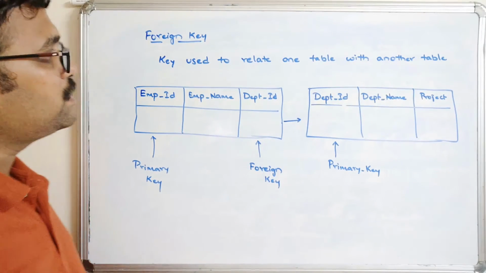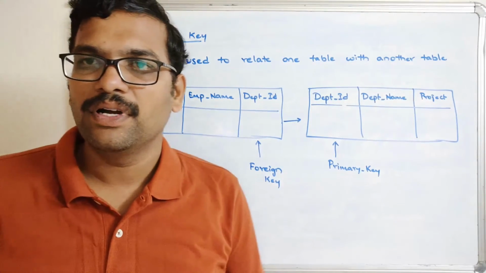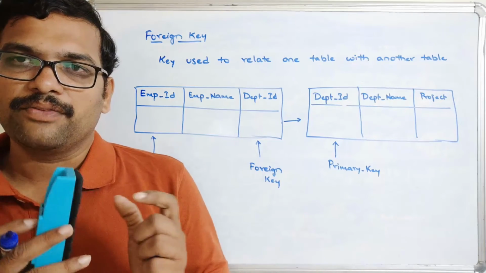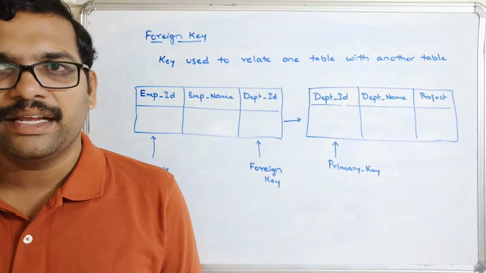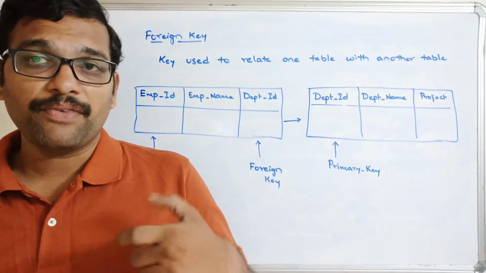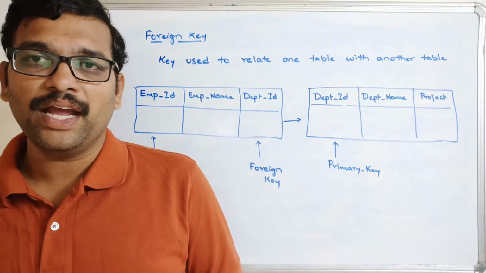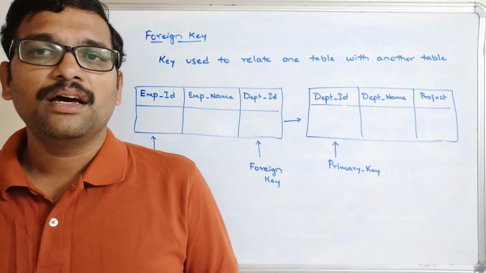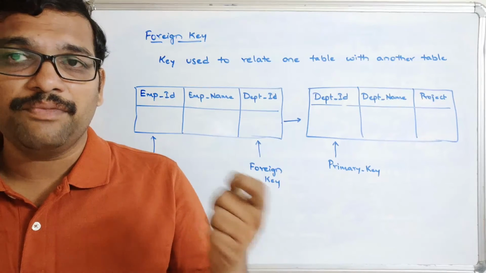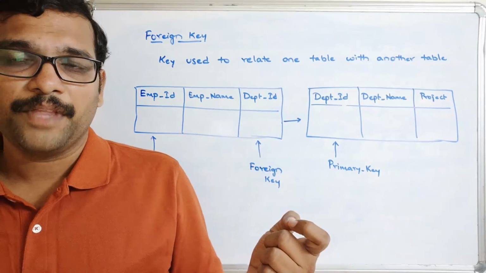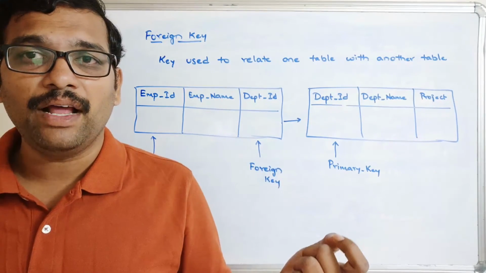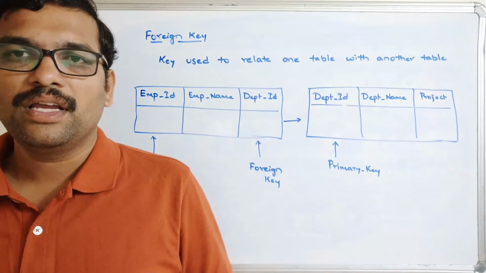So these are all the different types of keys used in DBMS. The first one is the super key, and from the super key we derive the candidate keys, and from the candidate keys we select the primary key. Apart from the primary key, all the remaining candidate keys are considered alternate keys. The key which uniquely identifies the rows but accepts the null value is considered a unique key.